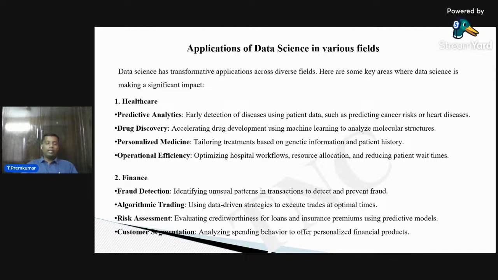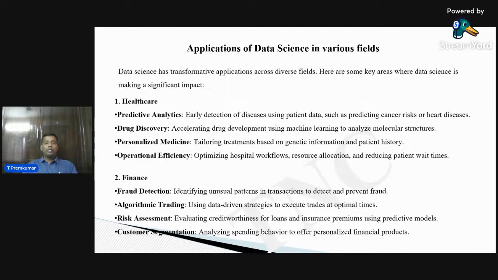In risk assessment, it evaluates creditworthiness for loans and insurance premiums using predictive models. The last one, customer segmentation, analyzes spending behavior to offer personalized financial products.